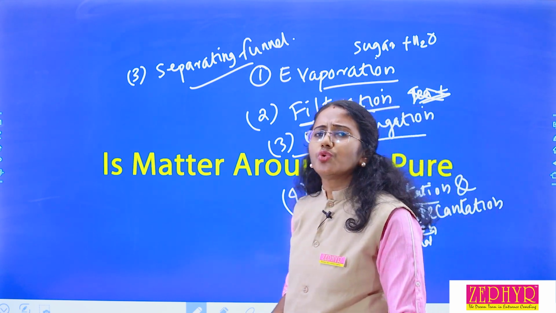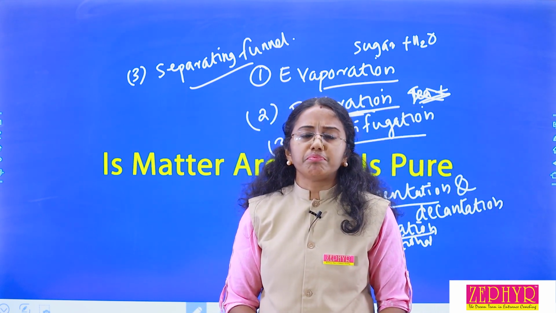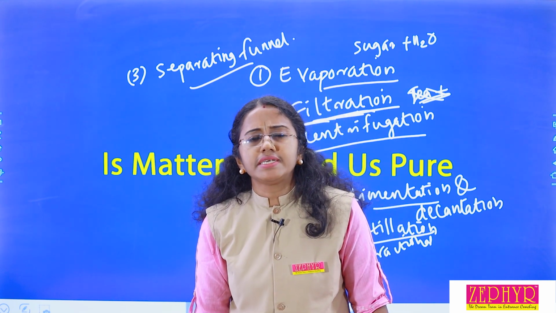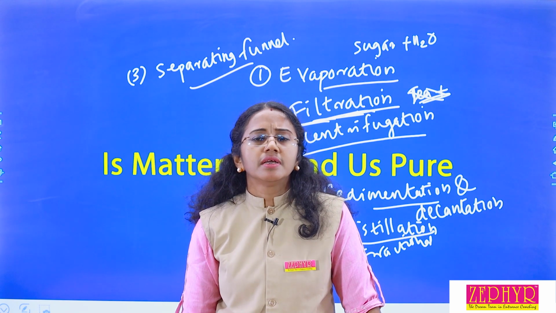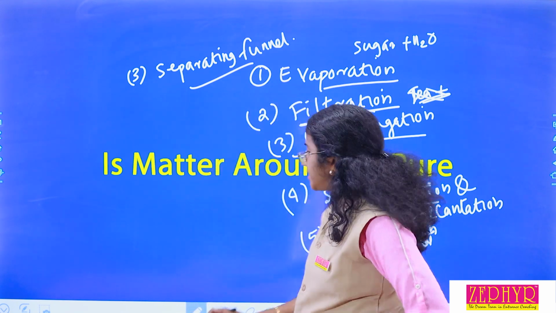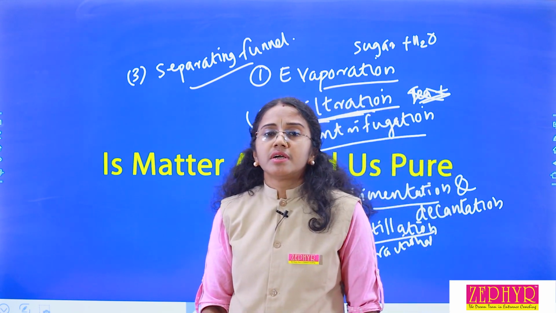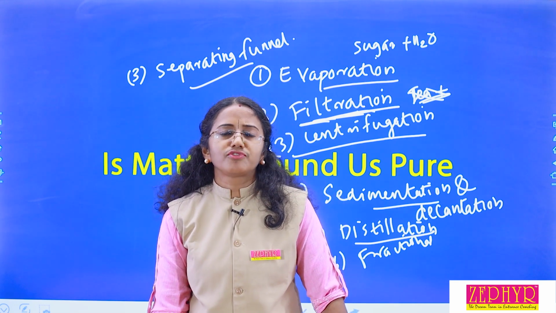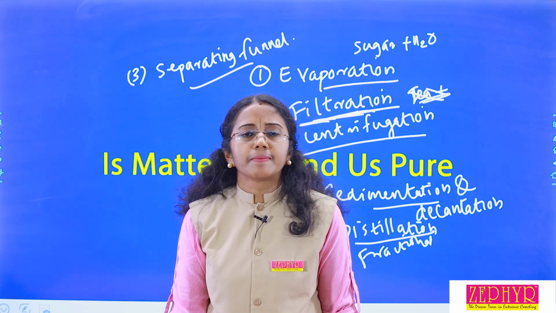Then distillation. Miscible means the liquids mix with each other, and immiscible means they do not mix with each other. The distillation method is used to separate two miscible liquids, for example alcohol and water.